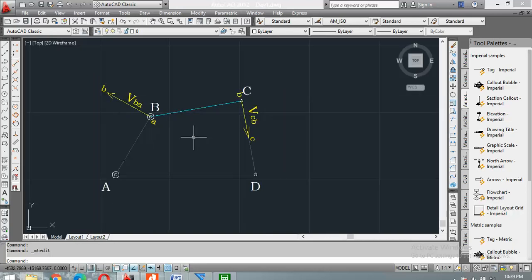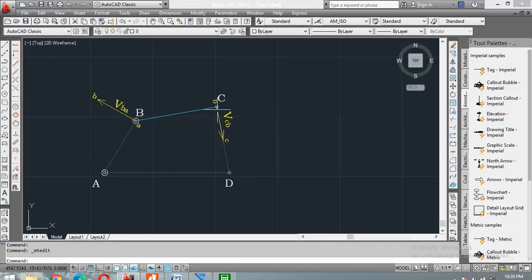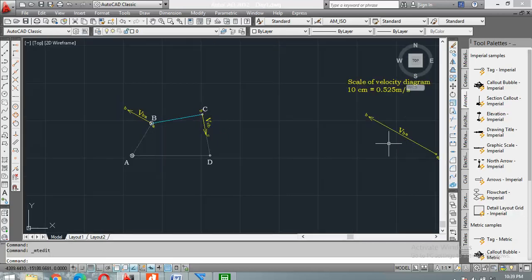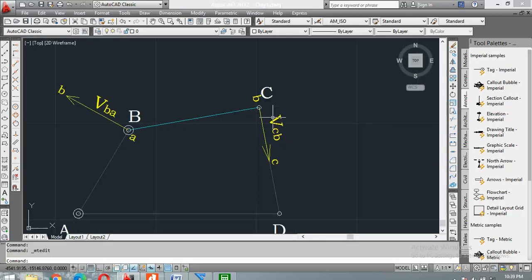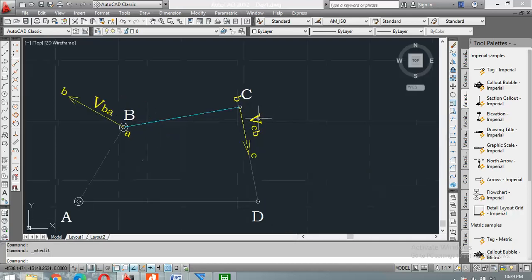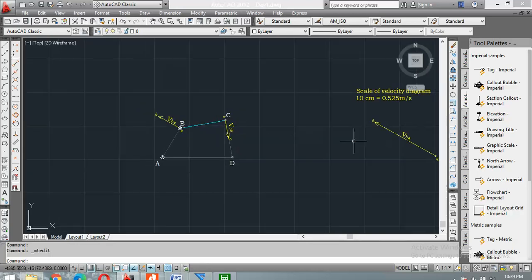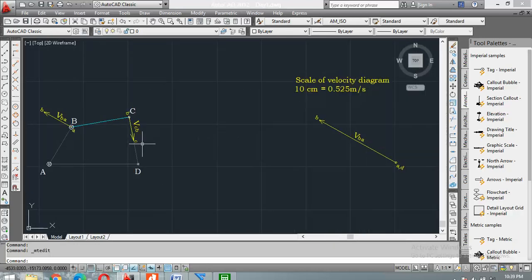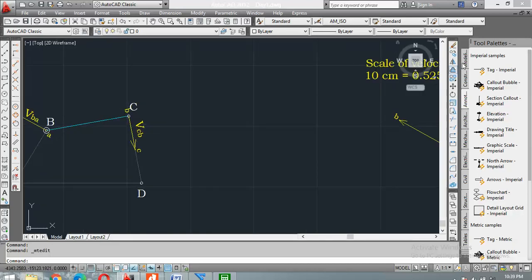Now I want to transfer this vector into our velocity diagram. So which point do I have to pick from this mechanism diagram to transfer this velocity easily? See here, one end of this vector is C, but here there is no C point. If we pick from C, we will not get any reference, so we will pick the B point और यहाँ से यहाँ उठाएंगे.